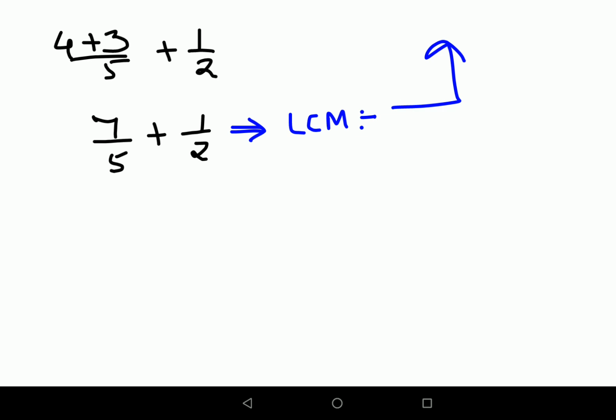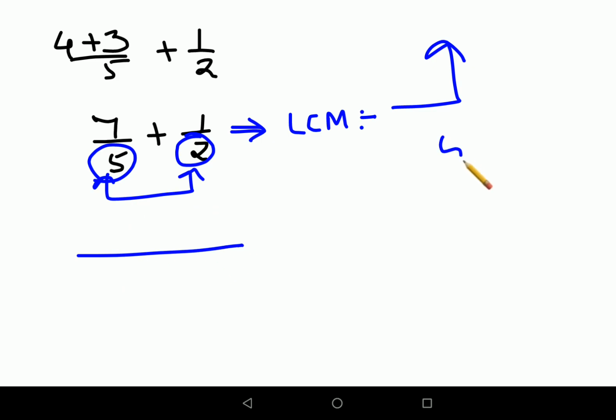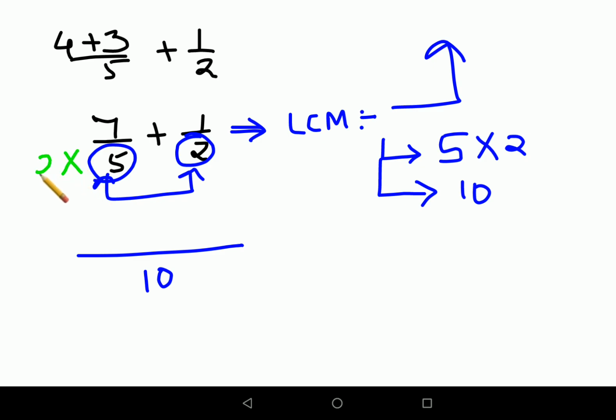So now here, understand, whenever you add two fractions, you have to pay attention to the denominators. So obviously now 5 and 2 both are prime. Whenever you have two prime numbers, you directly just multiply them, 5 into 2. So your LCM comes out to be just 10. Okay, so I'll keep my denominator as 10. Now understand, when I want this to be changed to 10, I'm multiplying by 2.